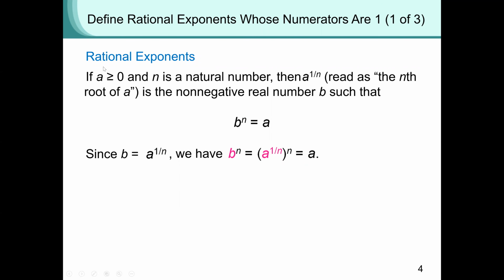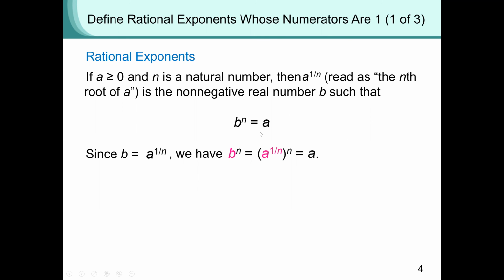So we have an example here. Here we have b to the power n equal to 1. So n is our, again, exponent. Now, since we know that b equal to a to the power 1/n, we have b to the power n equal to a to the power 1/n to the power n, which will give us 1.